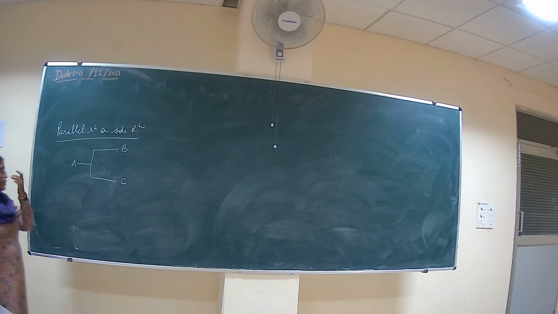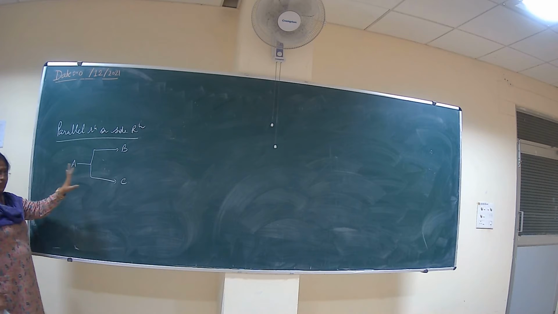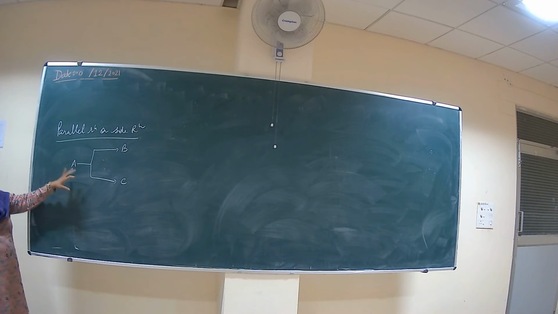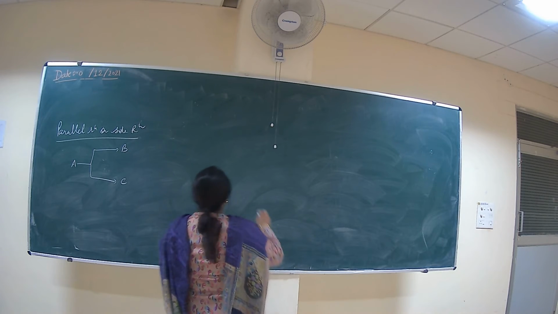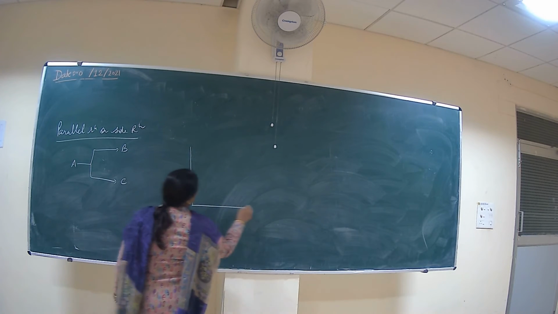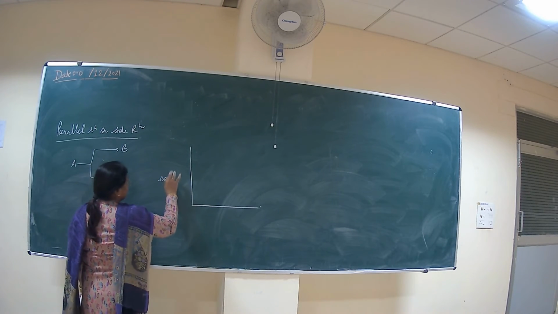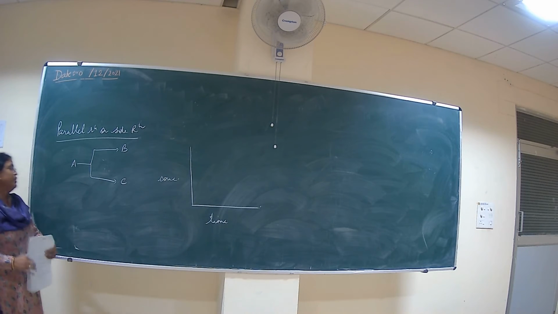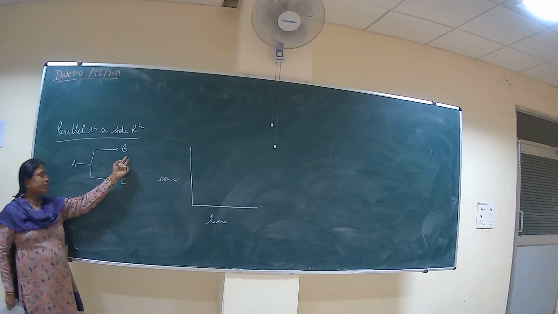So in this case, for the parallel reaction, if we plot a graph for the rate of formation of the product or for the rate of disappearance of the reactant, then the graph is somewhat like this. If we plot a simple graph between concentration versus time, concentration means here the concentration of the reactant along with the concentration of the products.